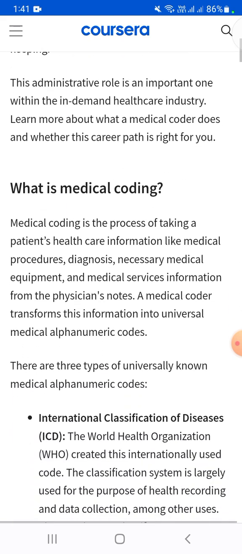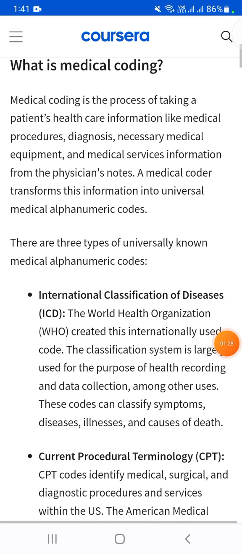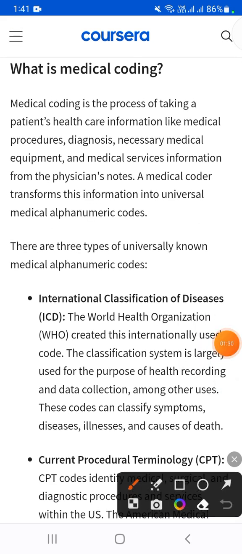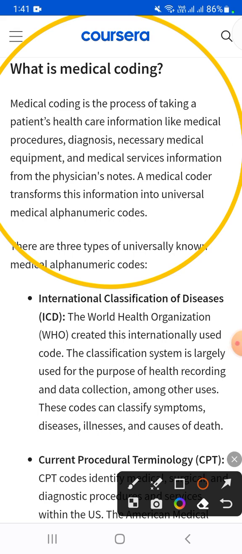Next, we will see about medical coding. What is medical coding? You can see on the screen, and the information about it is given. Medical coding is the process of taking a patient's healthcare information like medical procedures, diagnoses, necessary medical equipment and medical services information from the physician notes.